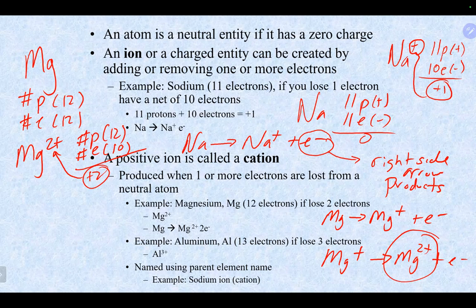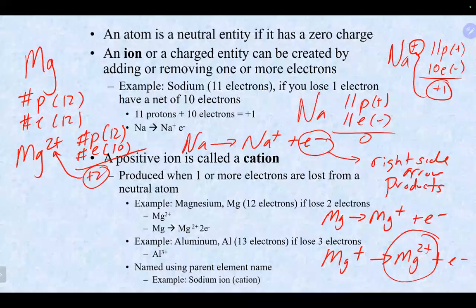When we go to name something that's an ion, 2 things. First, if you're asked to write the formula for an ion, like a cation, it should have a charge, like Mg2+, Na+, Al3+. If we go to name these ions, it's pretty simple. We just use the entire name of the element and put ion at the end.